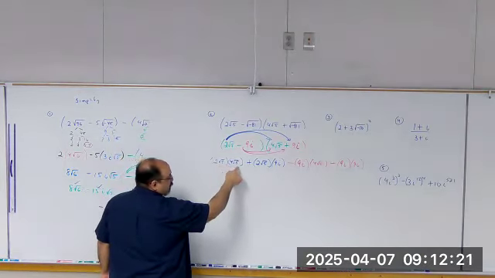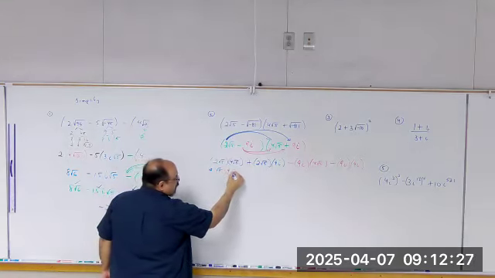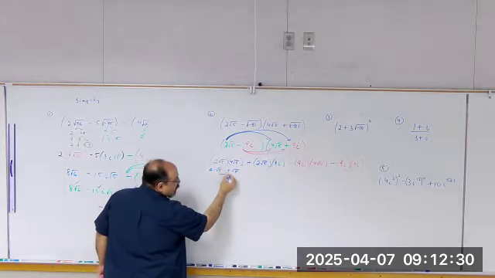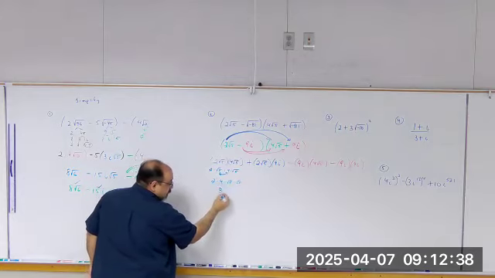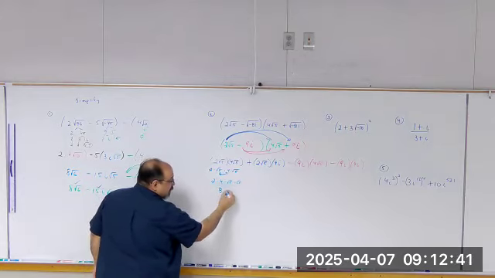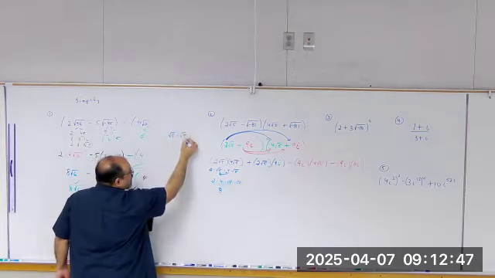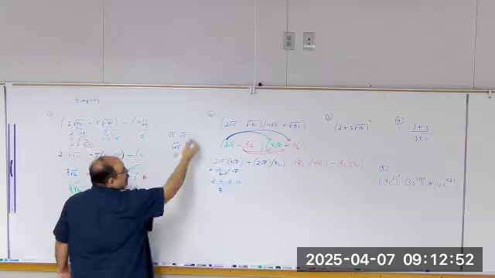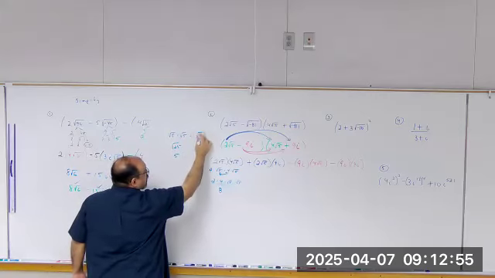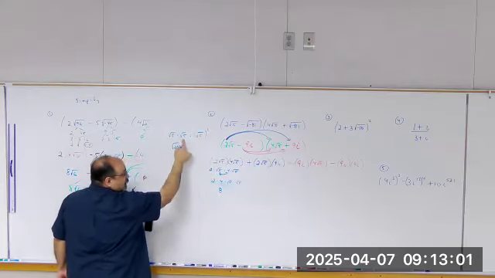2 square root 5 times 4 square root 5. I can rearrange it. This is 2 times the square root 5 times a 4 times the square root 5. I can rearrange the terms. So this is 2 times 4 times square root 5 times square root 5. So 2 times 4 is 8. Square root 5 times square root 5, you could look at it this way: it's either the square root of 25, which is a 5, or you could say it's the square root of 5 squared because there's 2 of them.